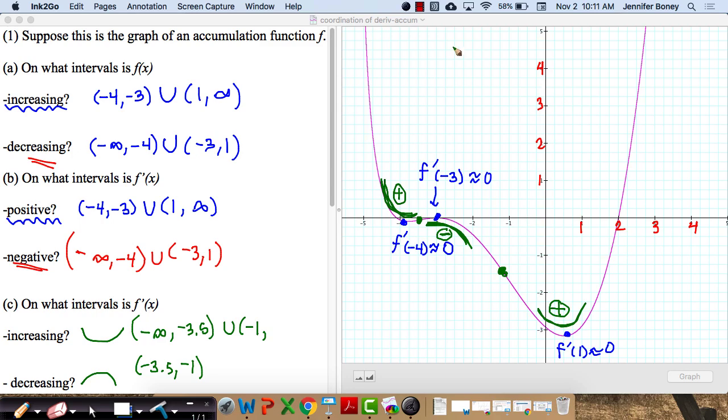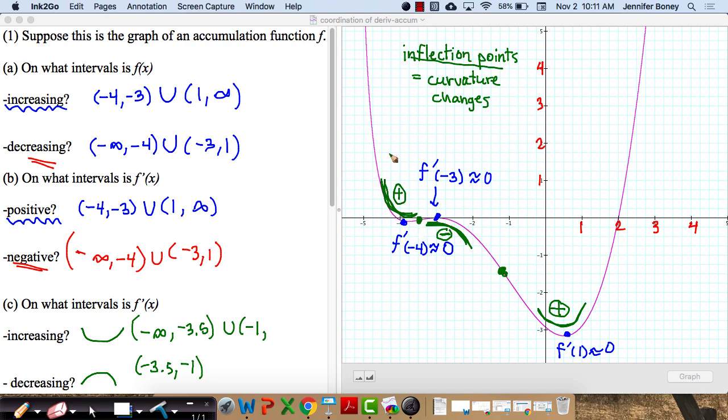The name of those curvature changes, those are called inflection points. You'll do some reading about that if you haven't already. These inflection points are where we have curvature changes, visually speaking. But they indicate points where my derivative converts over from increasing to decreasing, or from decreasing to increasing.